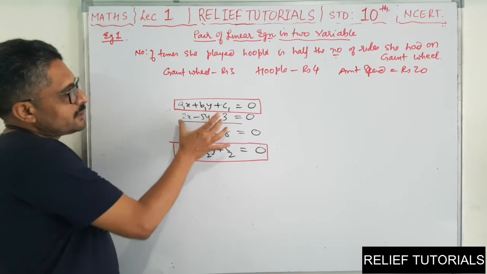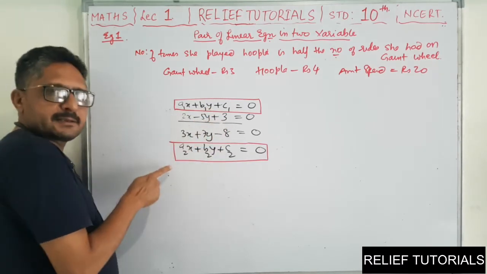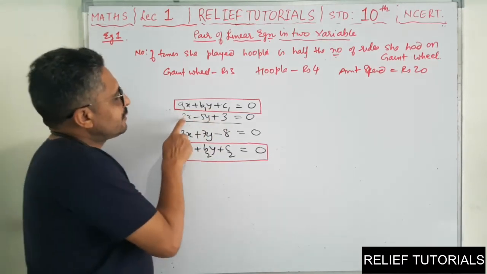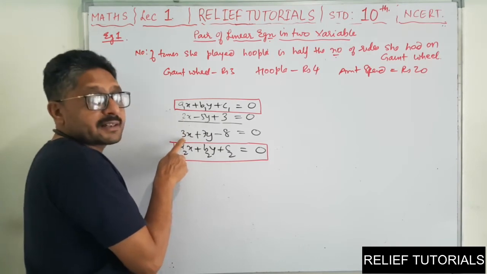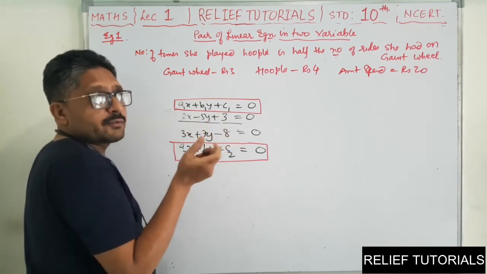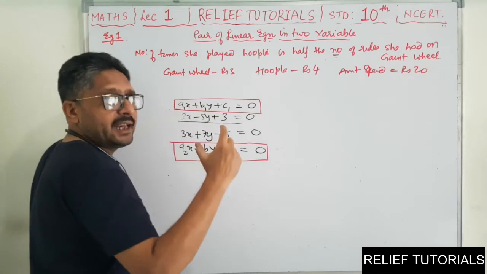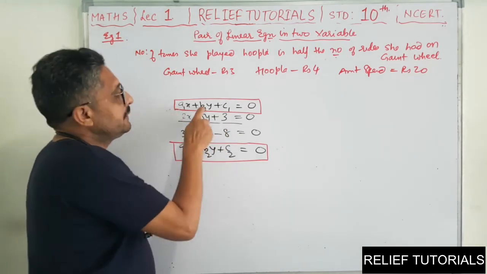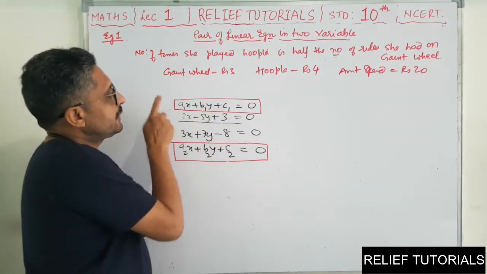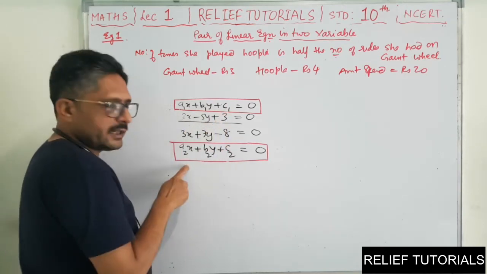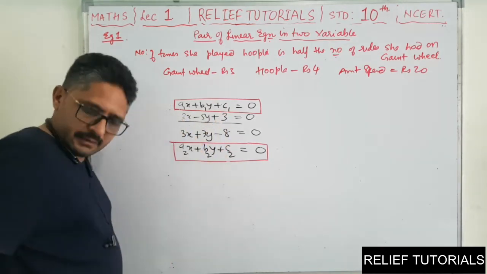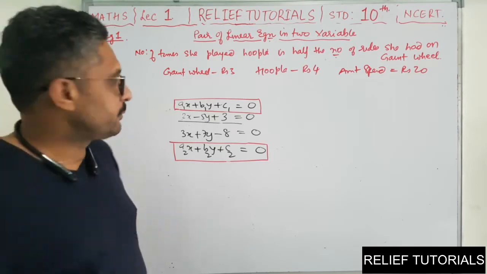For these two equations we represent the general form in this manner. Here the coefficient of x is 2 and there the coefficient of x is 3, they are different coefficients, so we can't represent them by the same symbol a. So we are taking a1, a2, b1, b2, c1, c2. For equation 1, a1, b1, c1. For equation 2, a2, b2, c2. I hope you understood this.